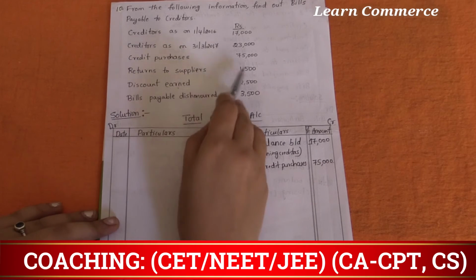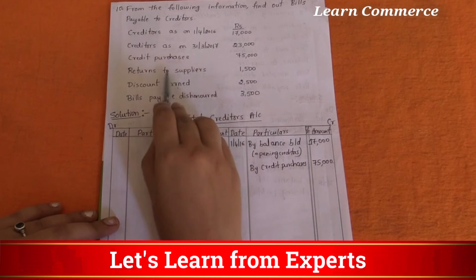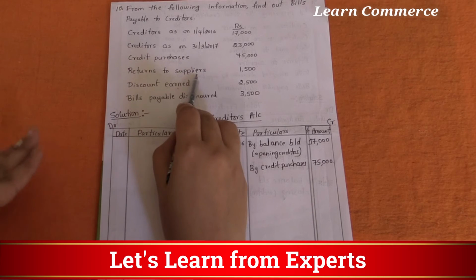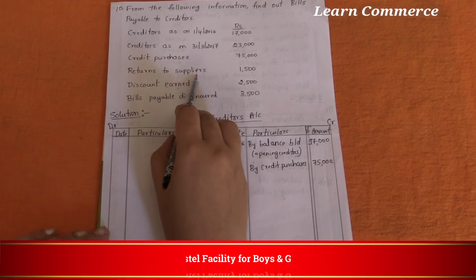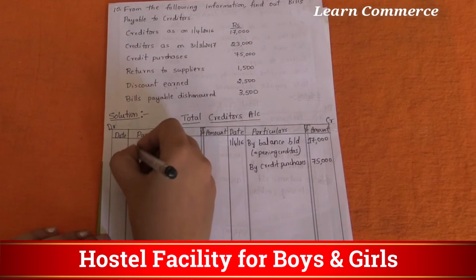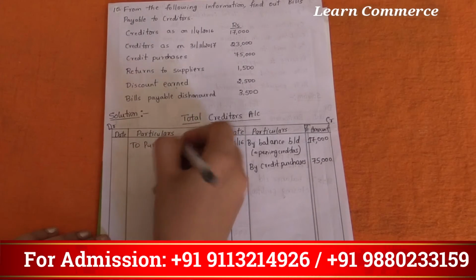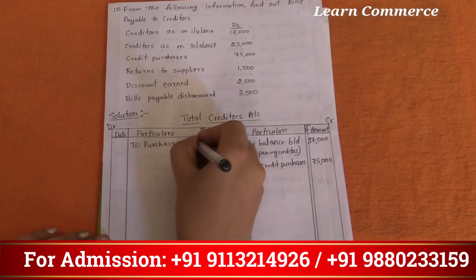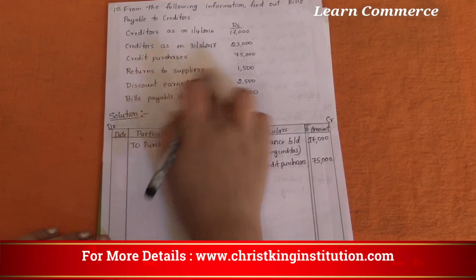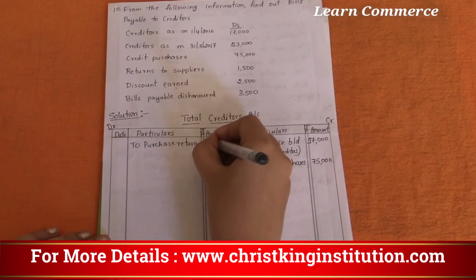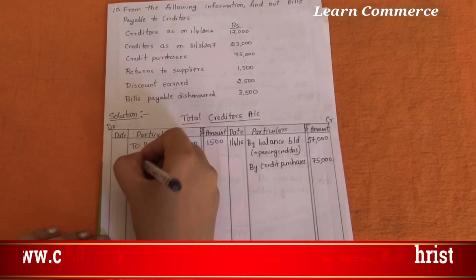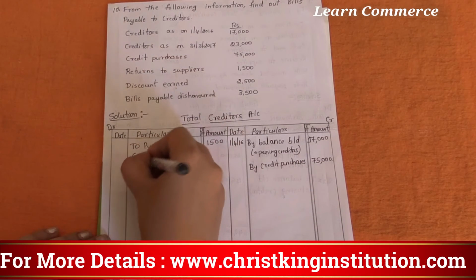returns to suppliers 1,500. Returns to suppliers is nothing but purchase return. It should be recorded in the debit side. To purchase return. The amount given is 1,500. If you want, you can write in a bracket returns to suppliers.